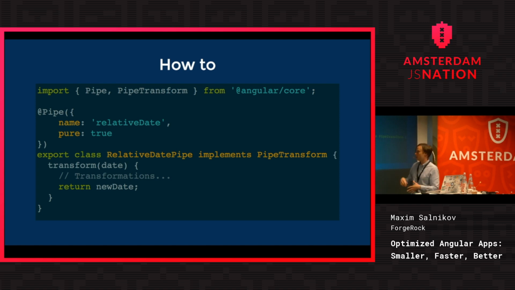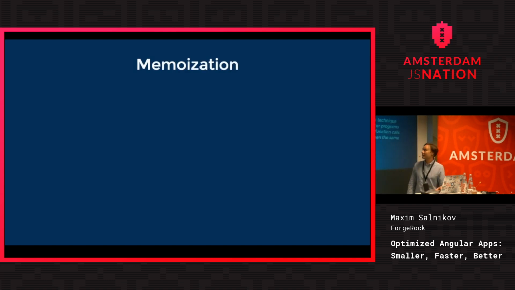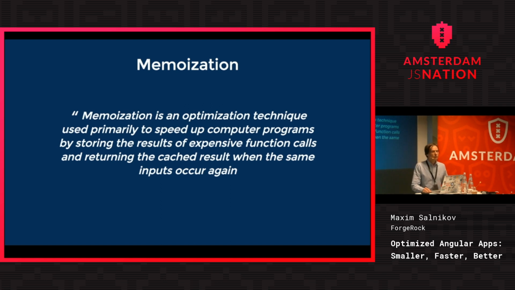So we just implement our custom pipe based on PipeTransform. We can go even further and implement memoization. Why calculate these relative dates for the dates which are the same, right? Even inside one list.